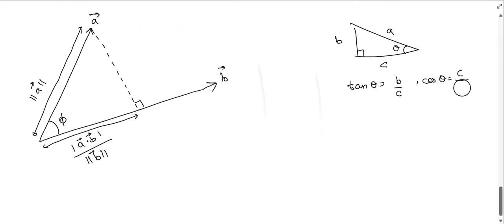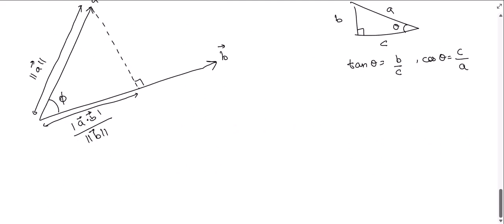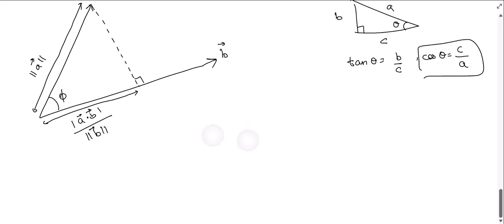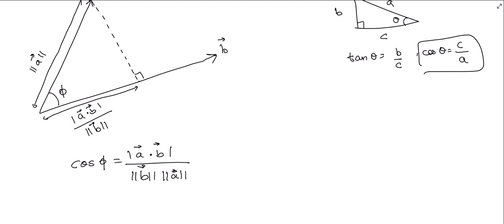Now, using this equation, cos theta, can we get the cos theta here? So we can say cos phi is equal to adjacent, which is this part, A dot B norm of B, into hypotenuse, which is our norm of A. Okay.